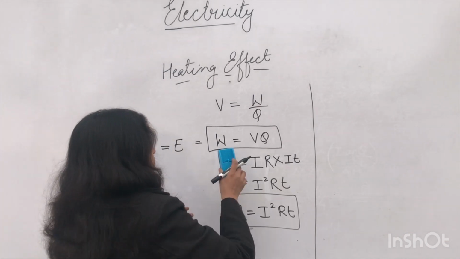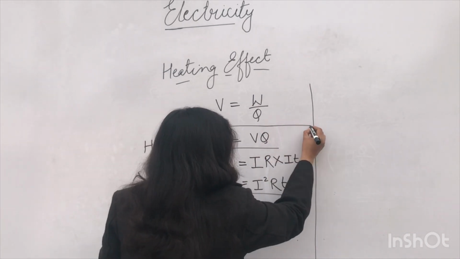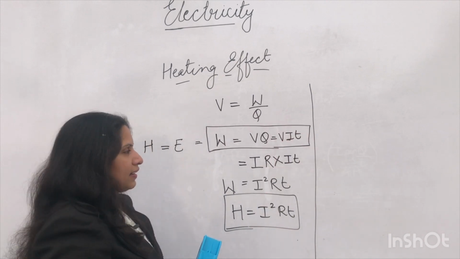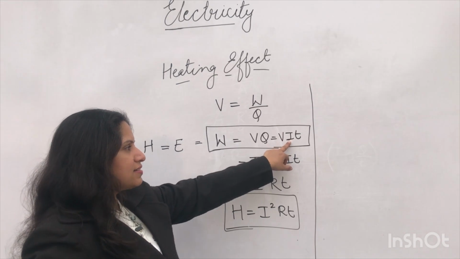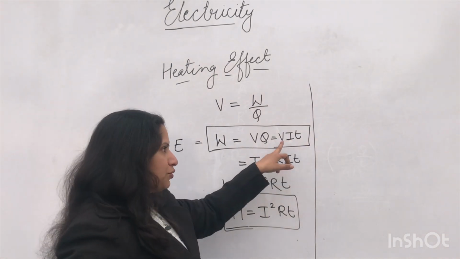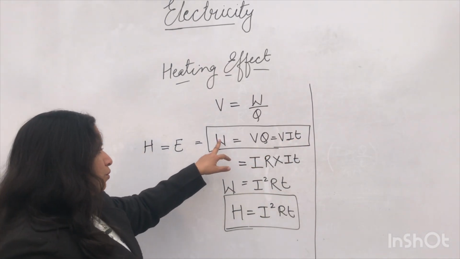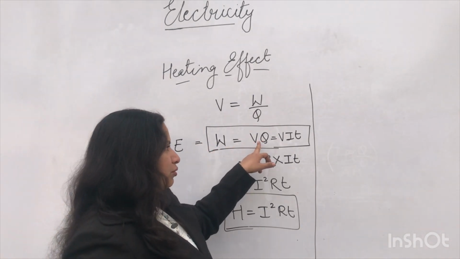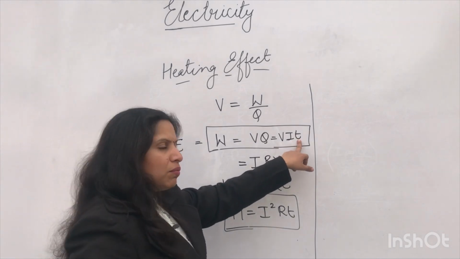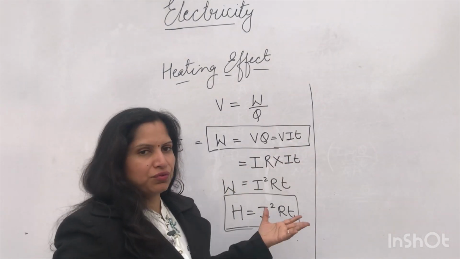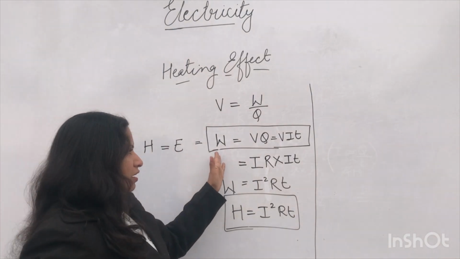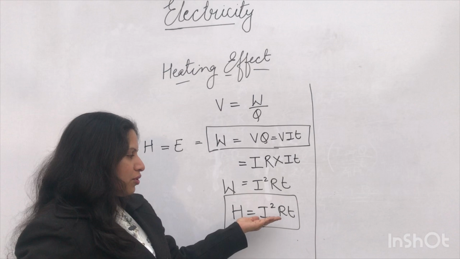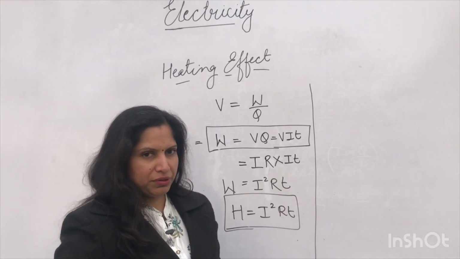In fact, you can also write work done as V I T. In case time, current, and potential difference are given, you can use this formula. So work, energy, or heat energy, whatever is asked in the question, is also equal to potential difference multiplied by current multiplied by time duration. So W is equal to V into Q, W is equal to VIT, and H is equal to I square RT. These three formulas will be there.